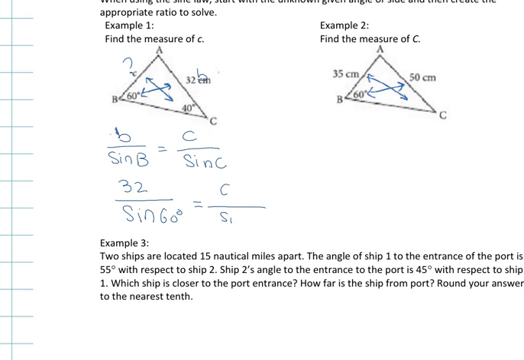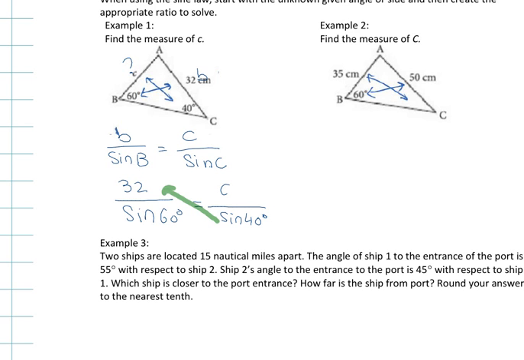So as you see, everything is known except of side C. So to find side C, all what I have to do is I call this half cross multiply. So you're only gonna cross multiply one of the sides. Okay? So basically you're gonna bring the sine 40 here and it becomes multiplication. Because what's the opposite of division?